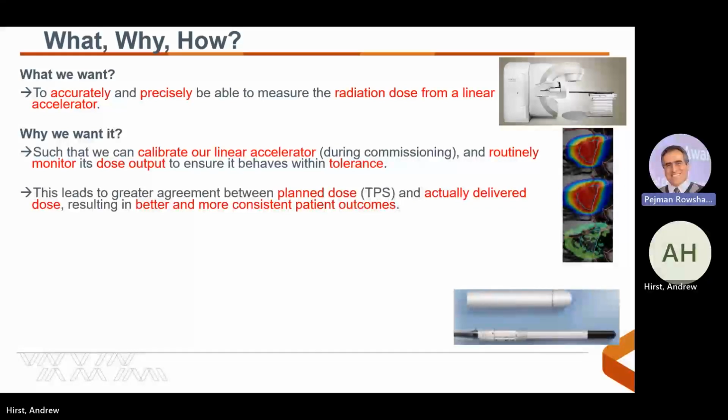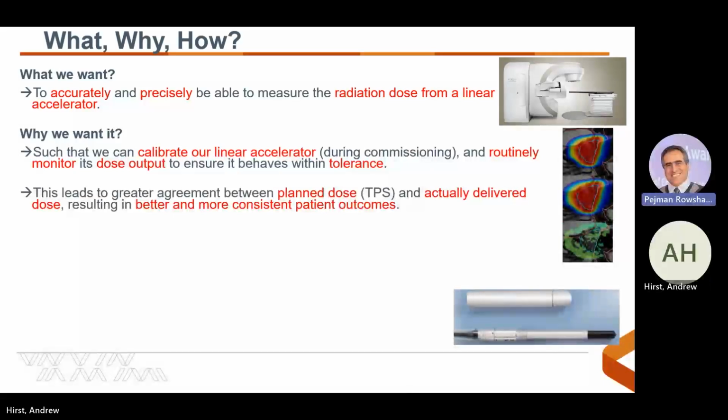So every patient has a unique plan, and given the nature of these treatments, it's very high doses next to critical organs at risk. So you want to make sure that the dose you're delivering is accurately represented in your treatment planning system, and then it's actually being delivered, and you're not delivering less or more than what you think you are.